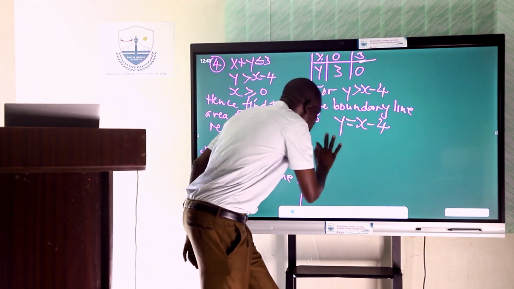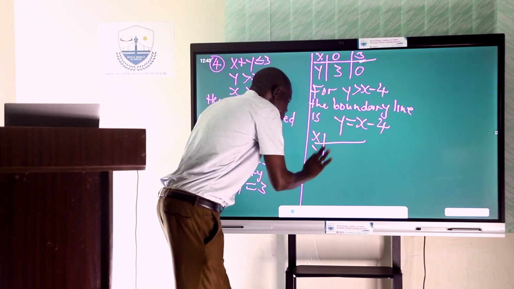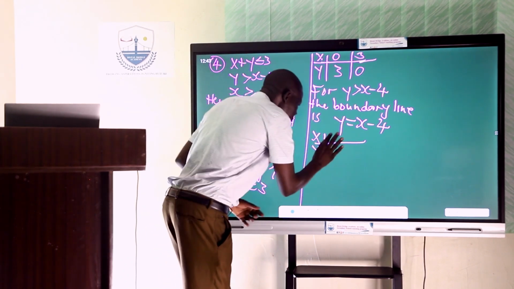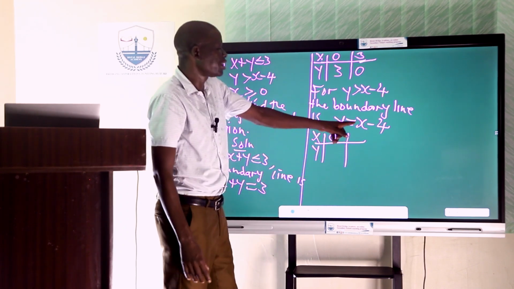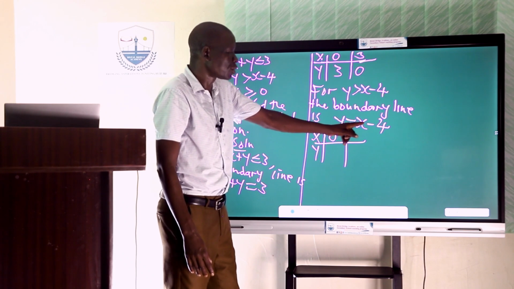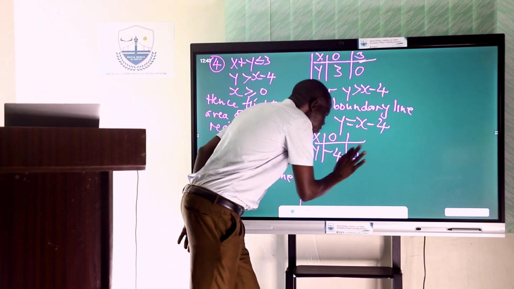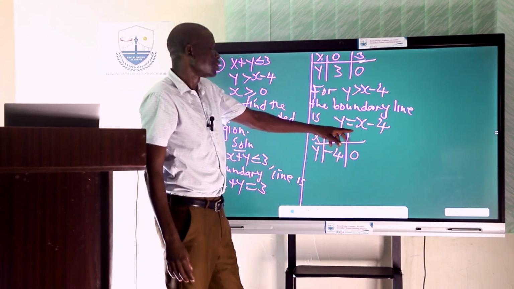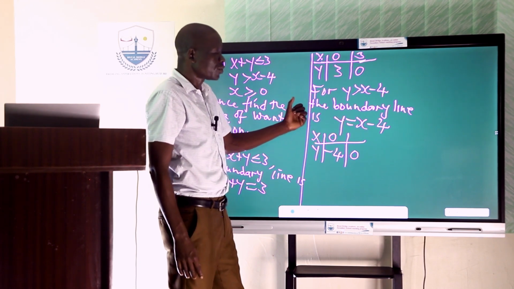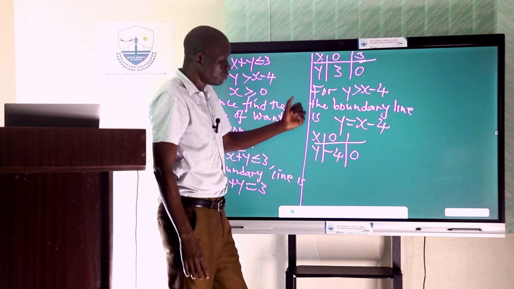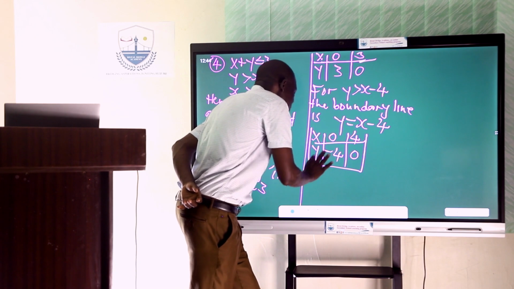Then we also draw the table for that. Put here x, put y. When x is equal to 0, what is y? You find that y will equal to, where there is x, you put 0. And 0 minus 4, we get negative 4. When y is equal to 0, what is x? It means where there is a y, we put 0. When negative 4 crosses the equal sign, it will be positive 4. And the meaning that the value of x will be positive 4. The table of values will look like this.